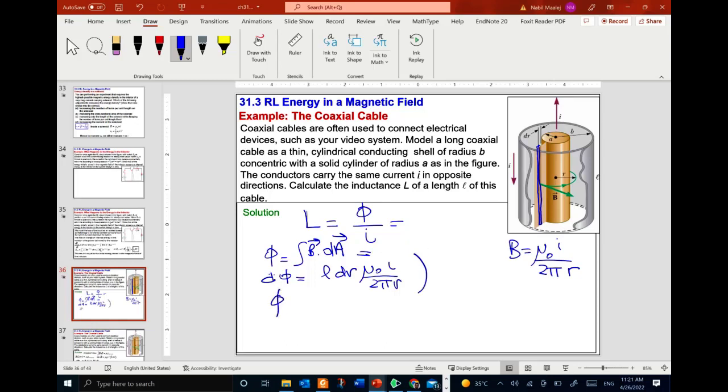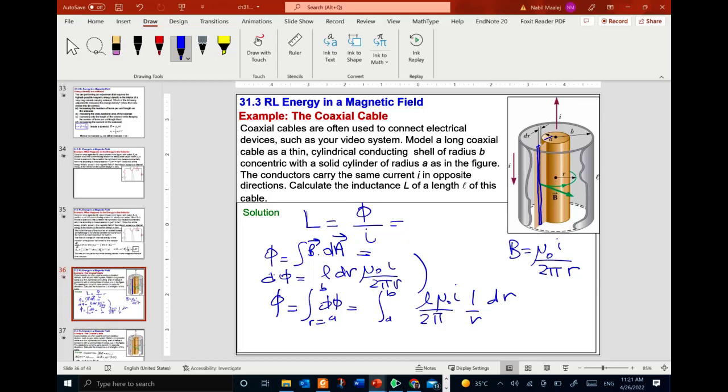So I'm going to plug it here. The total flux becomes the integral of d phi, where r goes from the radius A to B. So it becomes the integral from A to B, okay, so let's write this correctly: L mu 0 I divided by 2 pi, and we have 1 over r and dr. So this is the flux.